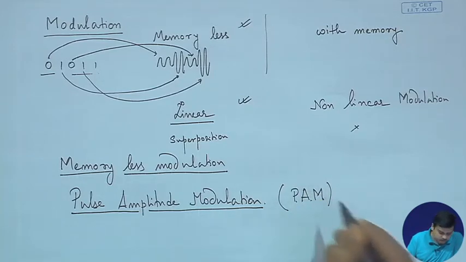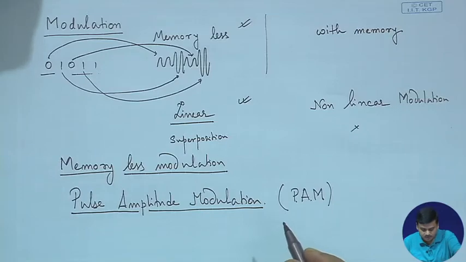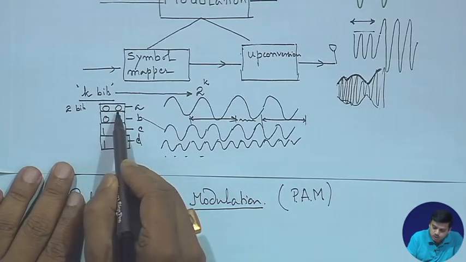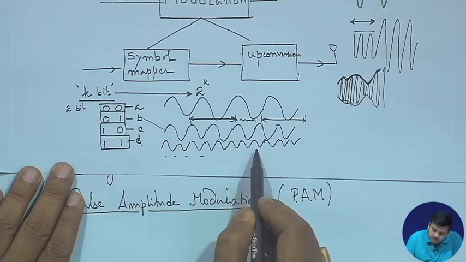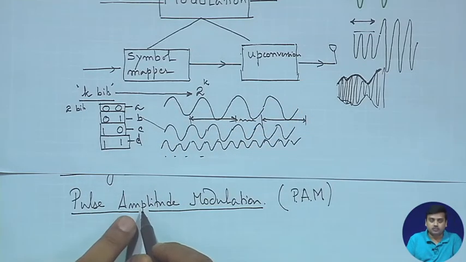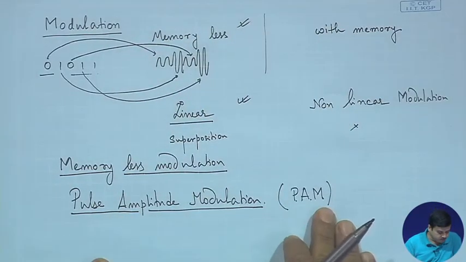pulse amplitude modulation. So, what it does is it basically maps these inputs to waveforms which differ from each other in terms of amplitude, right. This is what we mean by pulse amplitude modulation.